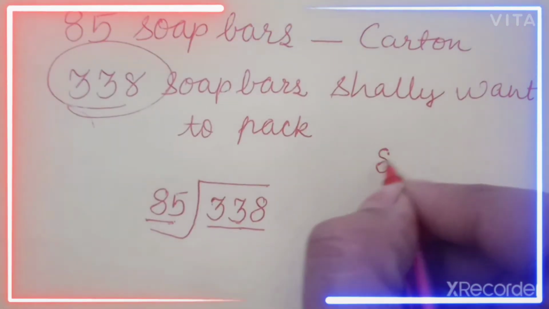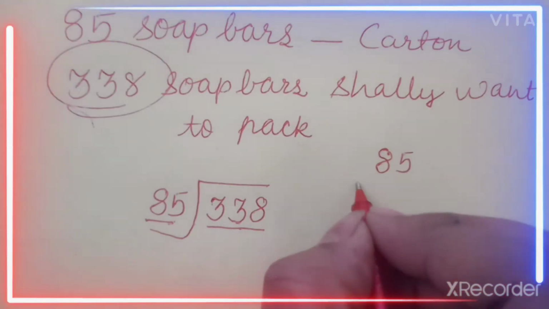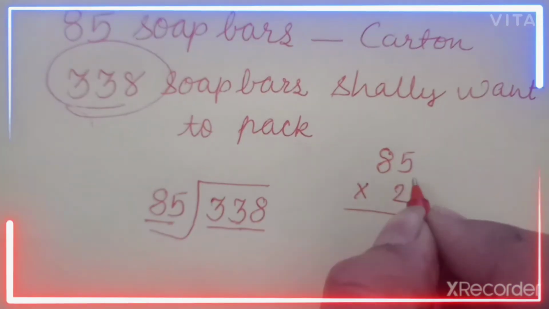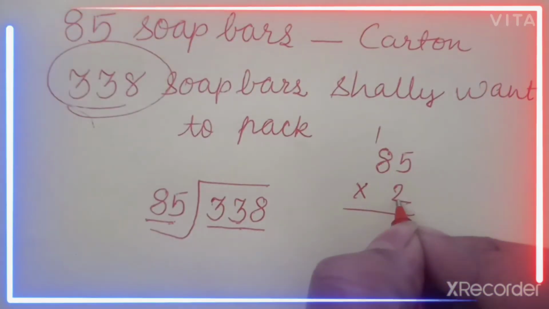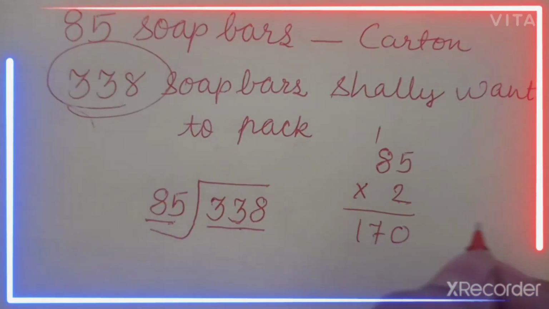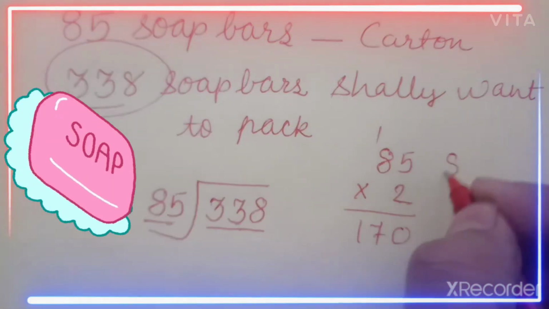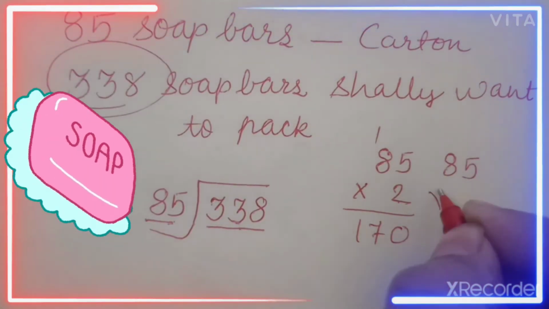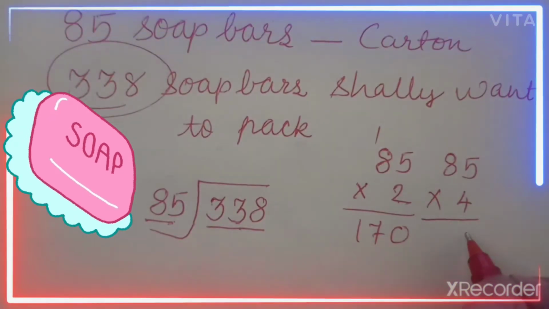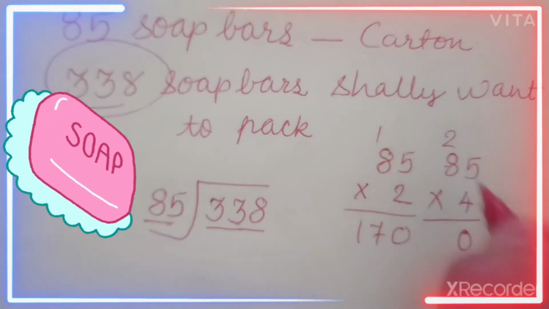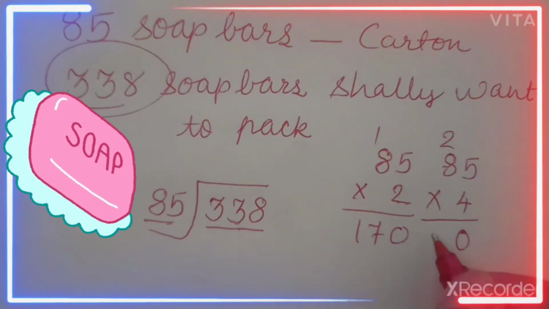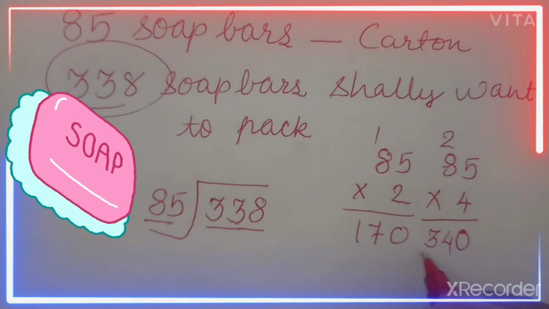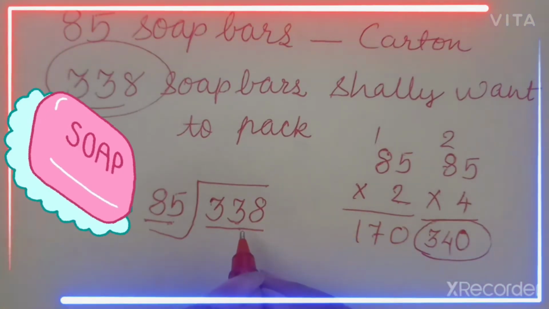Again same method. 85 into 2. Let's check it. 5 into 2, 10, 8 into 2, 16 plus 1, 17. Not possible. Let's take the other multiples. 5 into 4, 20. 8 into 4, 32, 32 plus 2, it's 34. 340 will be greater.